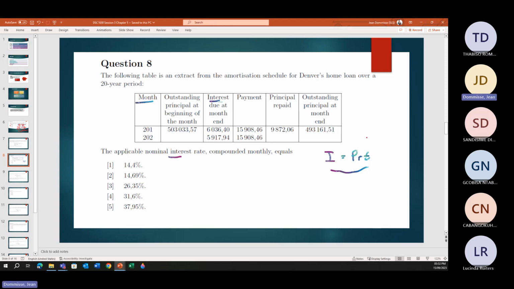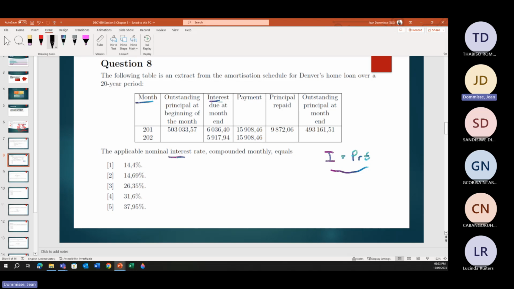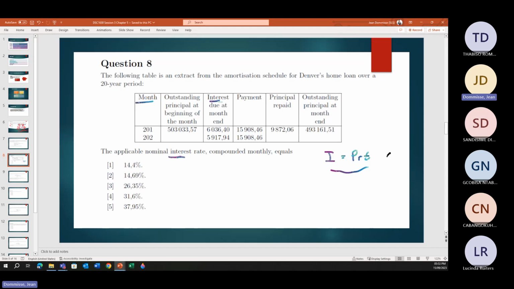So in here, we have information to work out this interest rate. It doesn't always come as straightforward as it needs to be. In here, we've got the R, that is the interest rate that we actually want to calculate.